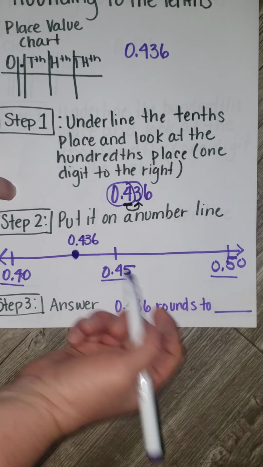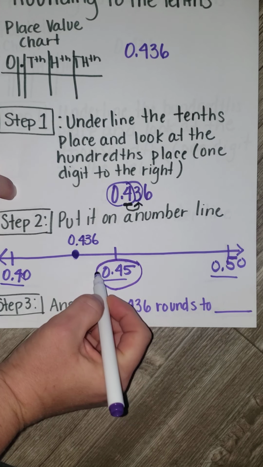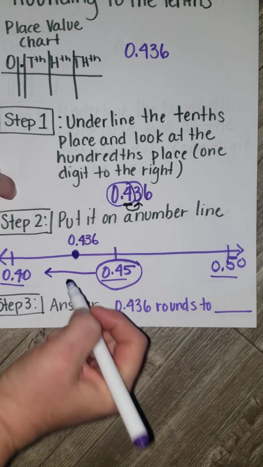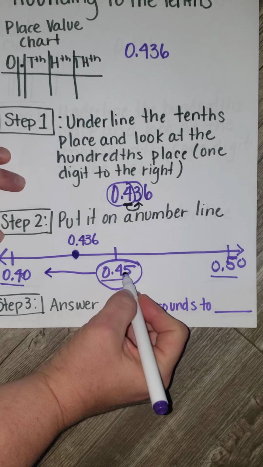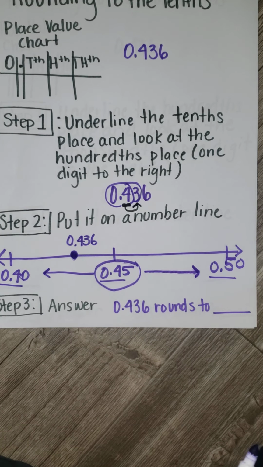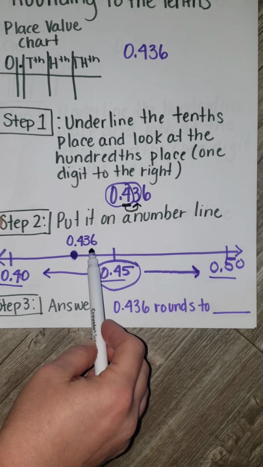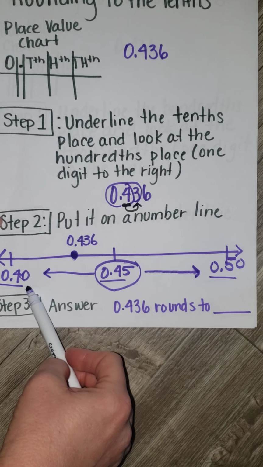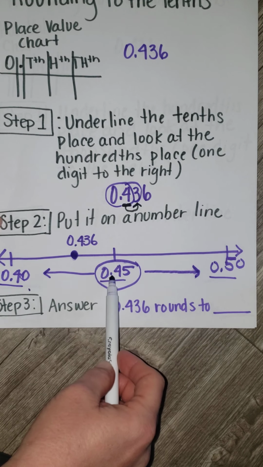So anything on this number line in front of this middle number is going to round down because it's closer to 40 cents. Anything above is closer to 50 hundredths or 50 cents. So this 436 thousandths is greater than 4 tenths or 40 hundredths and less than 45 hundredths.